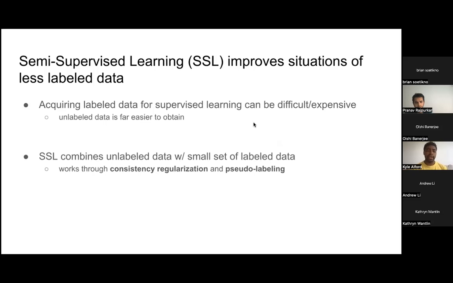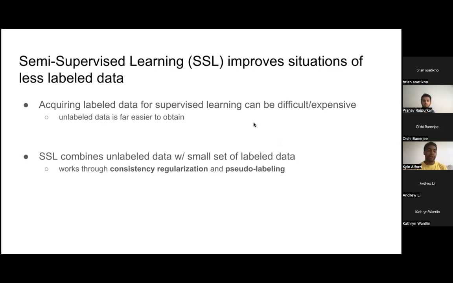In this paper, the authors really emphasize two points in improving semi-supervised learning performance. The first is consistency regularization, which can be thought of as encouraging consistent predictions on different versions of the same sample.